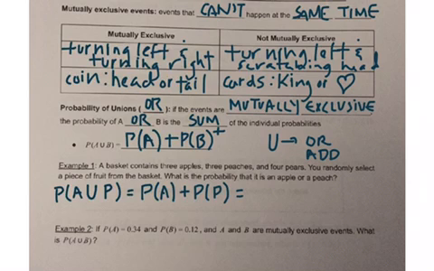So probability of selecting an apple. We need the total number of outcomes. So we have 3 apples, 3 peaches, and 4 pears. So 3 plus 3 plus 4 is 10. So 10 total possibilities. And how many of them would give us an apple? 3 of them. So 3/10.